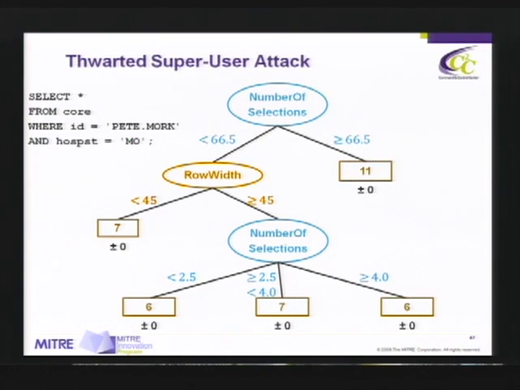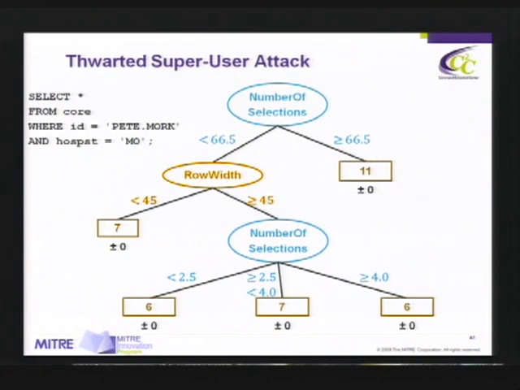What happens if we're a super user? We can now run any query we want. We don't have to rely on SQL injection attacks. And as an insider, I know that the system has all of these sorts of extra features in. It's built up the profiles, and it's trying to stop me. So as an attacker, I say, well, I'm going to need to get the where clause to look pretty much right. So instead of trying to run just the ID, I'm going to throw in this extra little bit to the query that I know from some other means, or I could just test each one of the states until I found the right one.